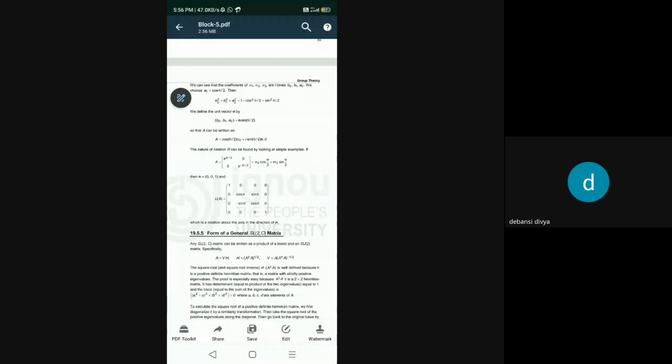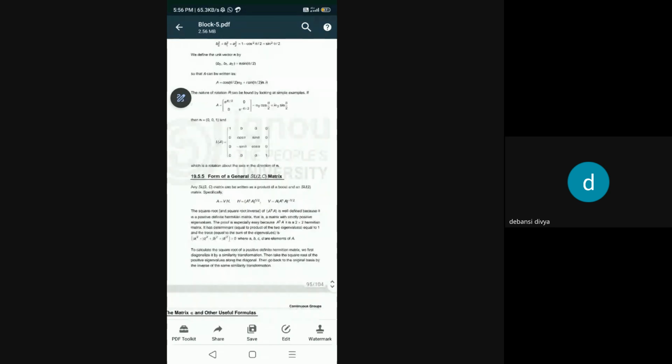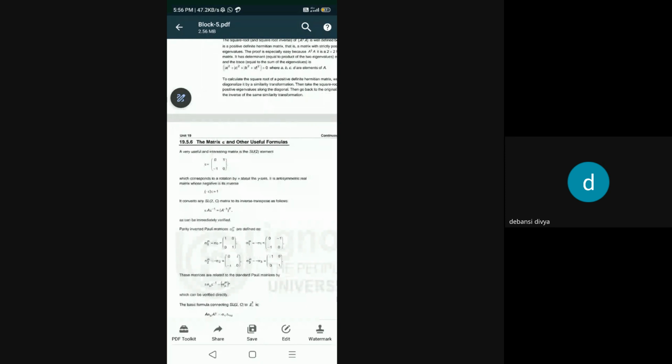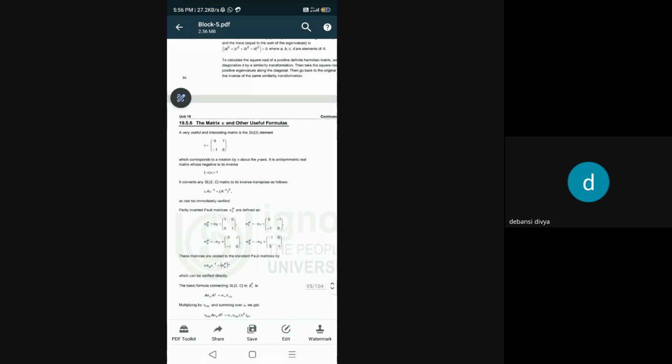Then any SL(2,C) matrix can be written as a product of a boost and an SU(2) matrix. Please go through the examples as shown on the screen. A very useful and interesting matrix is the SL(2,C) element epsilon, equal to the matrix with rows 0, 1 and minus 1, 0. The matrix epsilon and other useful formulas are shown on the screen.